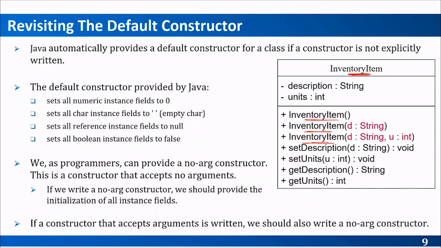If you remember the default constructor, we have covered this before. In the default constructor, numeric instances are set to 0, char is set to empty, reference instances are set to null, and the boolean is set to false. So this is how you build a noarg constructor to mimic the default constructor provided by Java.